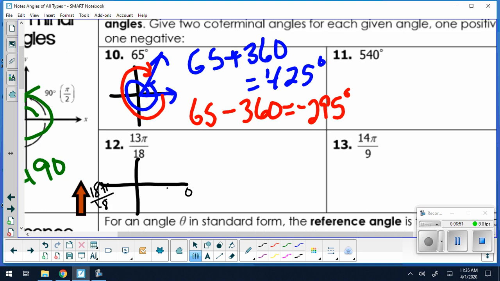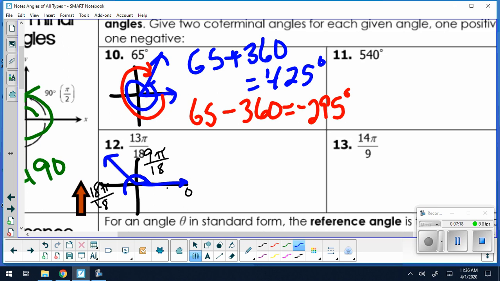And then this is half of that, so that's 9 pi over 18. That's pi over 2. So 13 pi over 18 is going to fall somewhere in there. I don't really care where. I just want to make sure it's in the second quadrant. The quadrant is important.